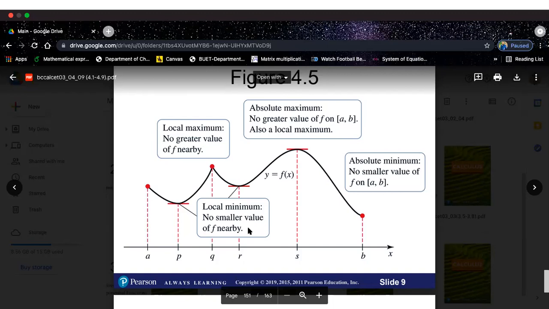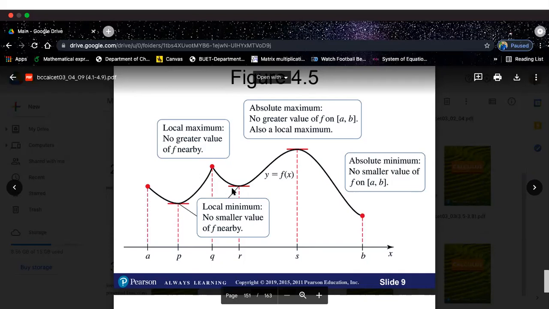If you, for example, just pick up this particular point, let's say Q, and if you look at the nearby points, you'll see this is the maximum value you have in your neighborhood. And at P, this looks like the local minimum.